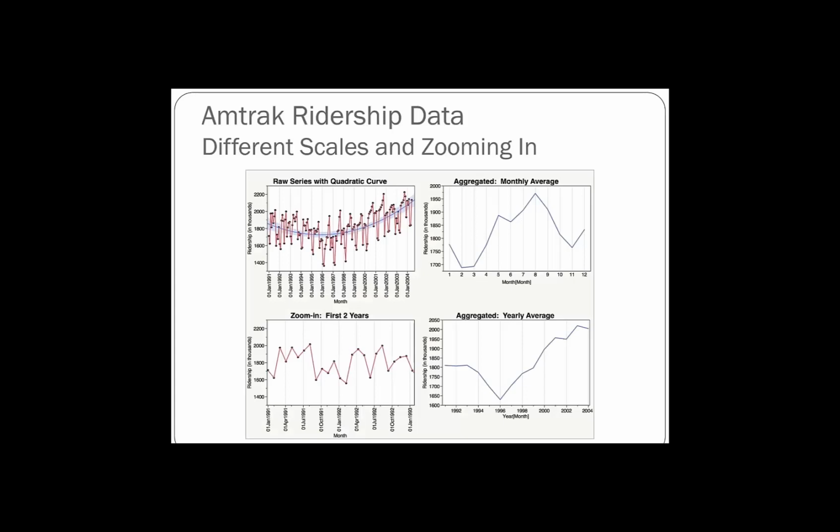One thing that graphs are good for is aggregation of data. Here's an example. With our Amtrak ridership data, we have this time series, and you can see that there's a trend that goes through it right there. And if we wanted to say, well, how does this aggregate monthly, we could go through and say every time there's a January, let's compute the average.